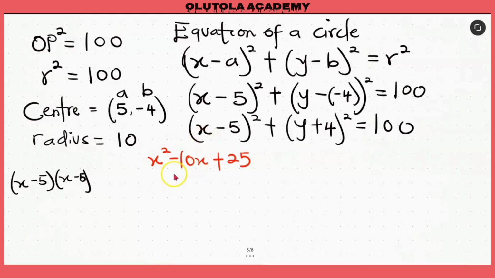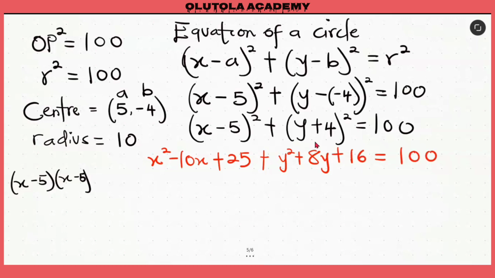That's what I get when I expand (x minus 5) squared. Same thing for this: y square, y times 4 is 4y and another 4y, which is 8y, then plus 16 equals 100.